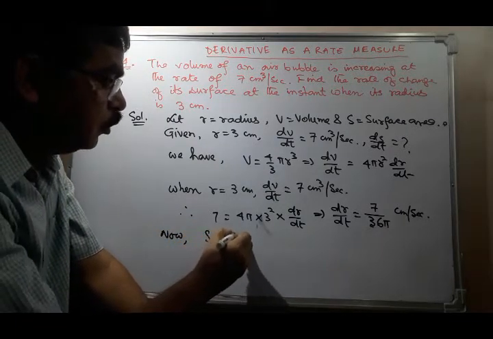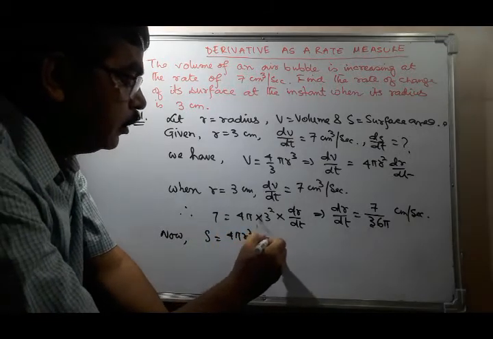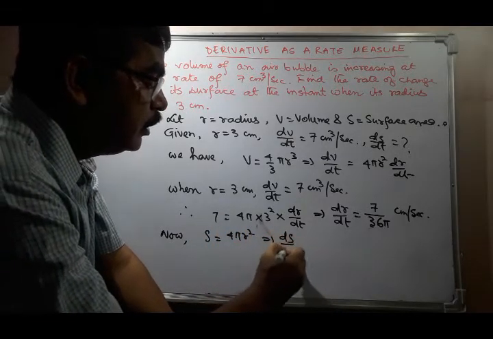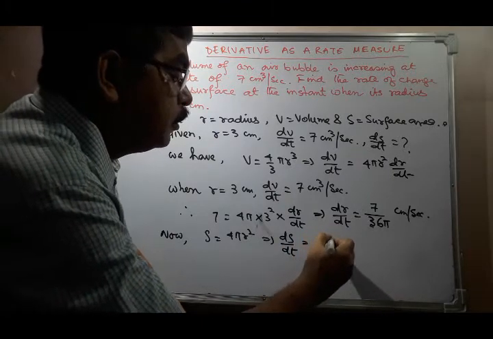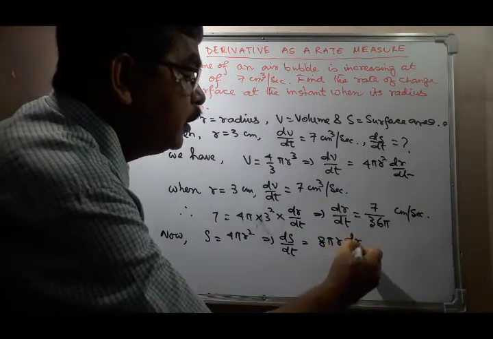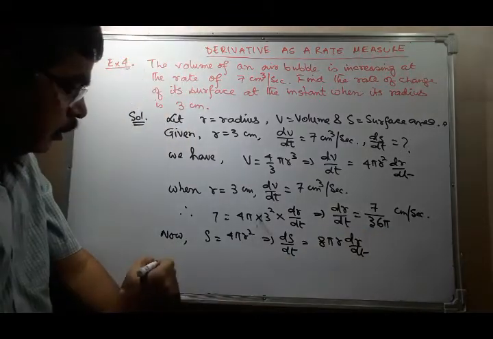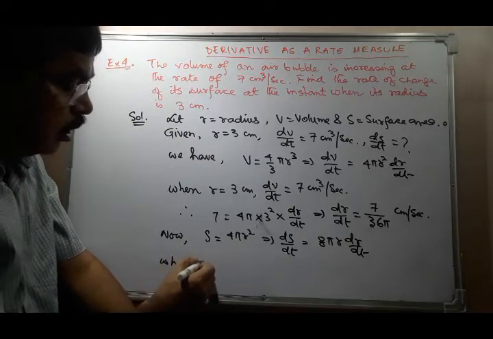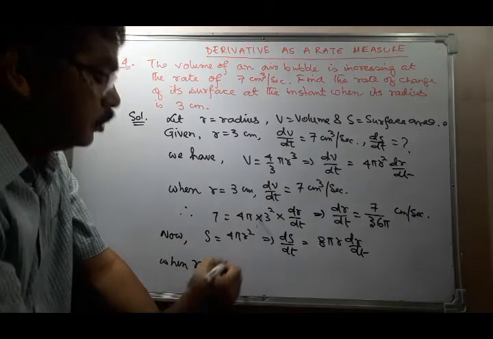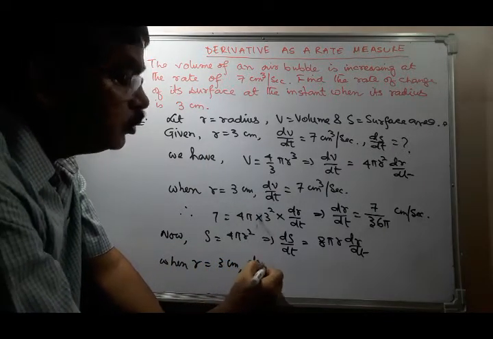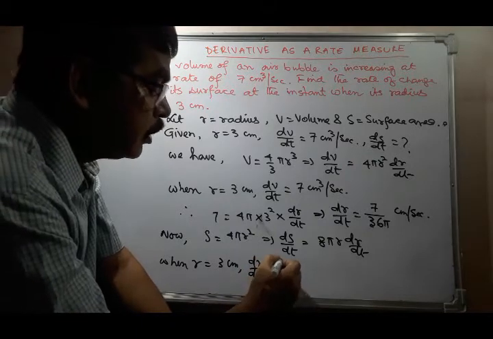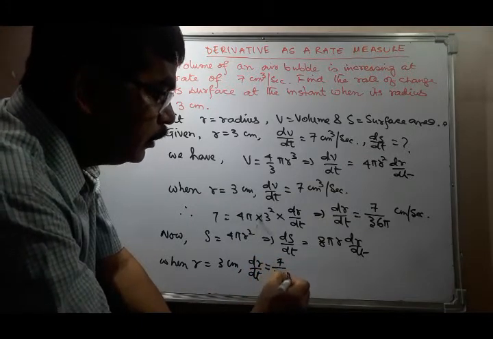Now s equals 4 pi r square, therefore ds by dt equals 8 pi r dr by dt. When r equals 3 centimeter, dr by dt equals 7 by 36 pi.